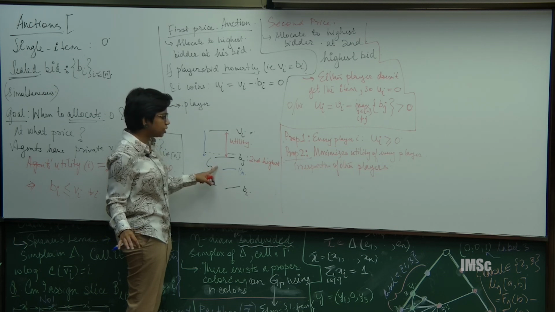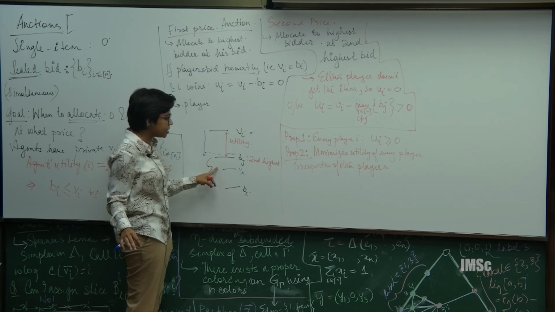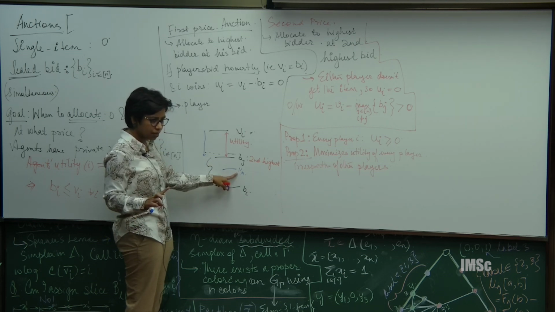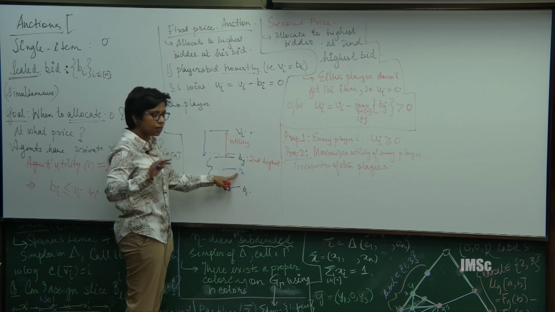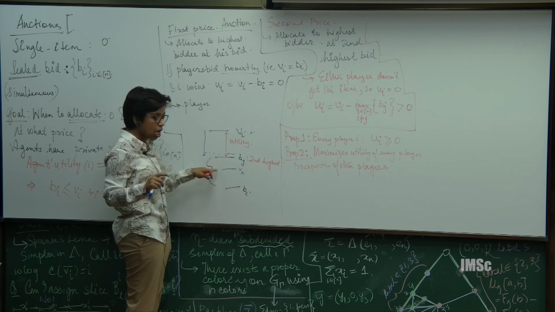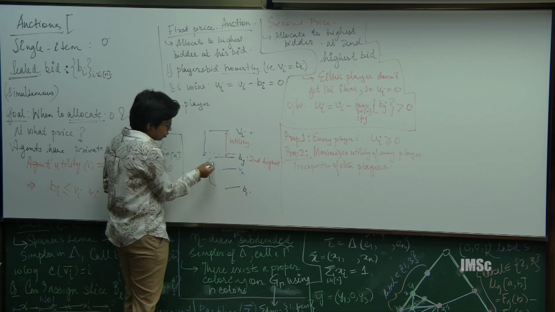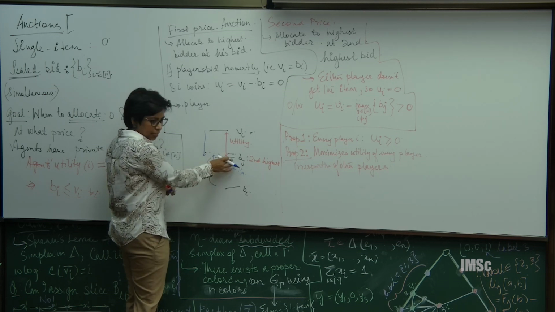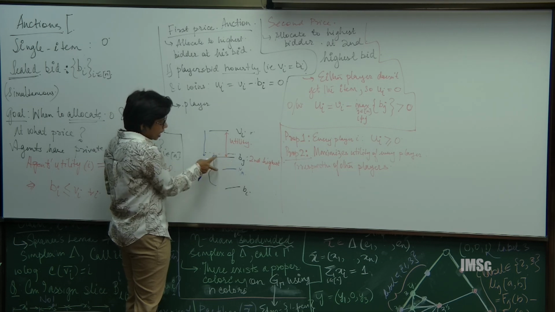The question is, could they have increased their bid, like bid something more than V of K, to have a change? The only time their utility can change is if they are suddenly winning. But for them to win, they would have to clear the threshold of what is currently the second highest bid. But then they are overpaying so much.